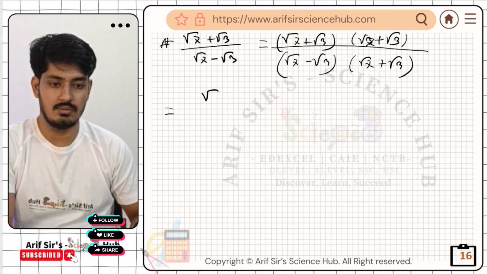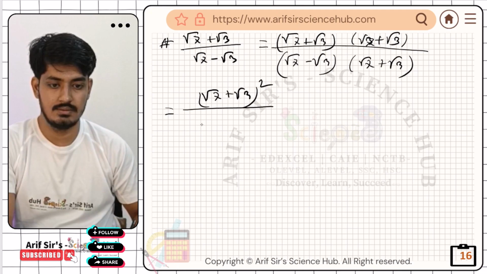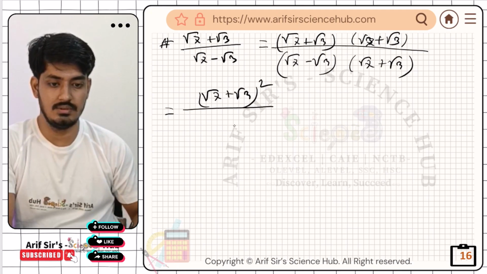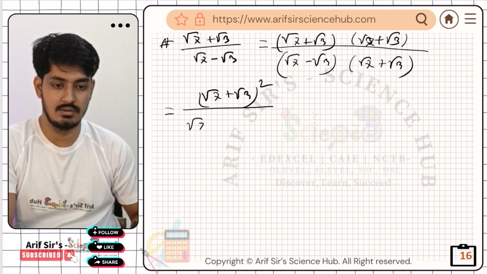So root 7 plus root 3 whole square, and a plus b into a minus b should be the formula, a square minus b square, then root 7 whole square minus root 3 whole square.